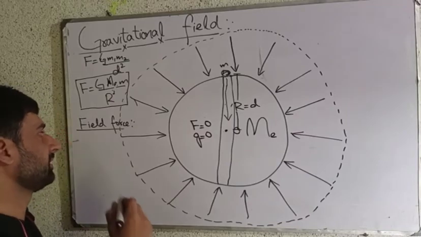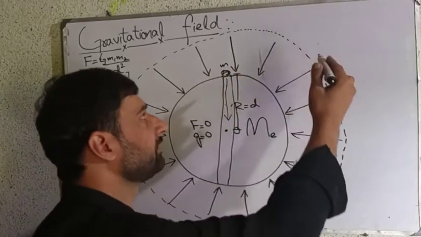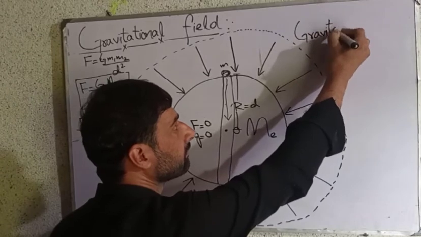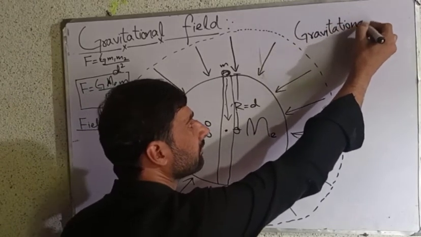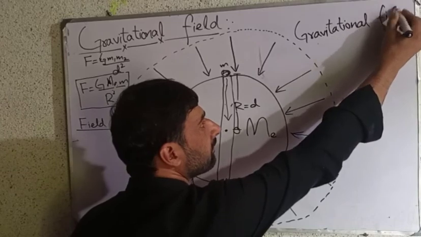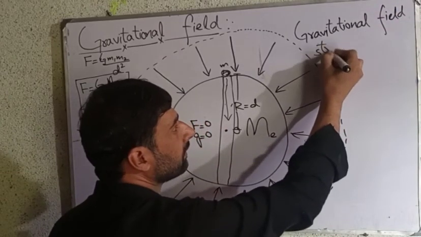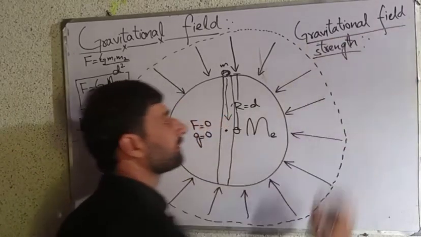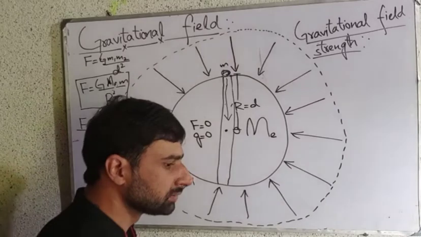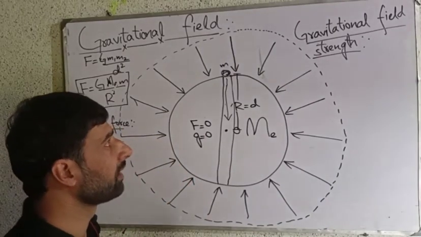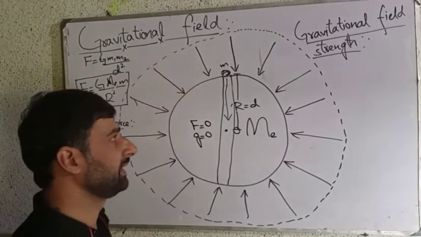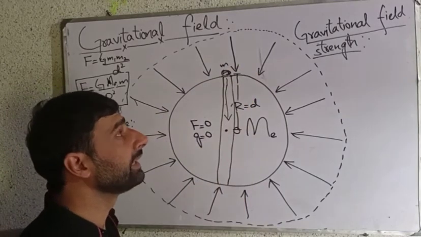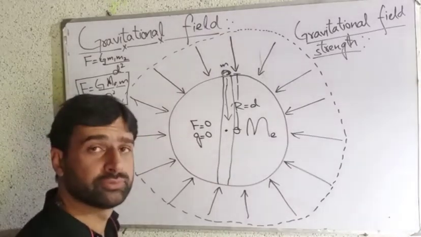What is meant by gravitational field strength? It is also a very important term. Gravitational field strength. If a mass is placed here, then what will be the quantity of force on this mass?